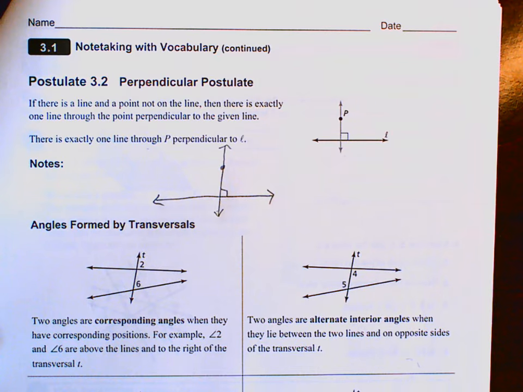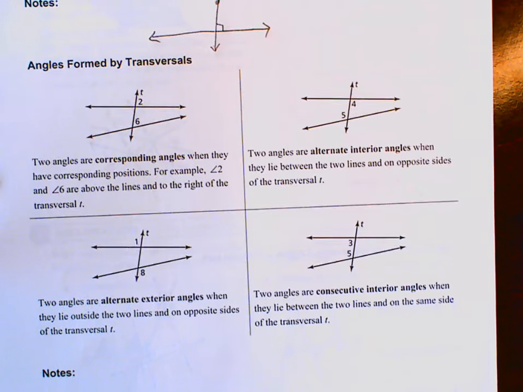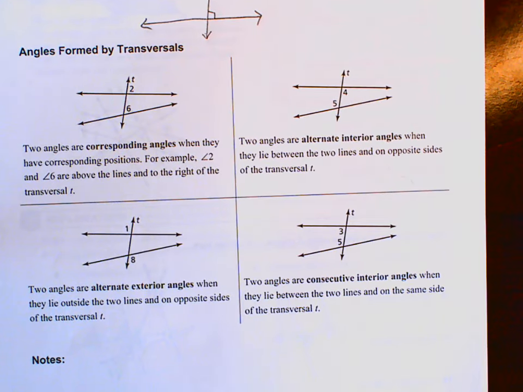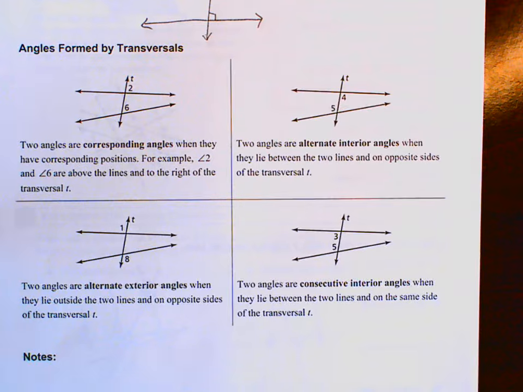Now, in lesson 3.1, we get introduced to the 4 angles formed by these transversals. And yes, you are going to be memorizing these terms, and we're going to be applying them in lessons 3.2 and 3.3 when these lines are indeed parallel. Here, the lines are not parallel. Okay, so let's go through some of these.